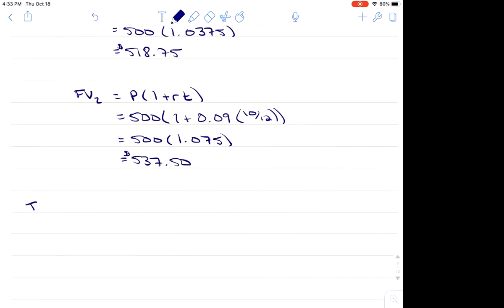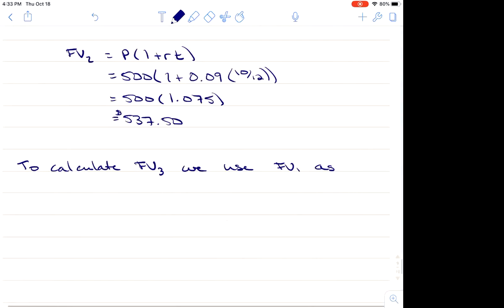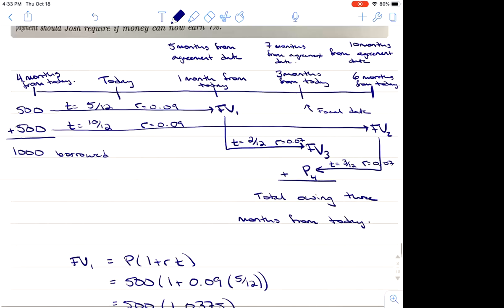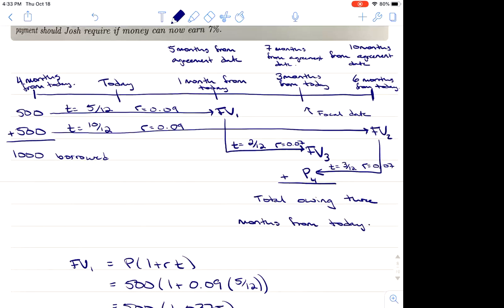To calculate future value 3, we use future value 1 as the principal amount, because that's what we said here. We have to pull that future value 1 forwards to future value 3.